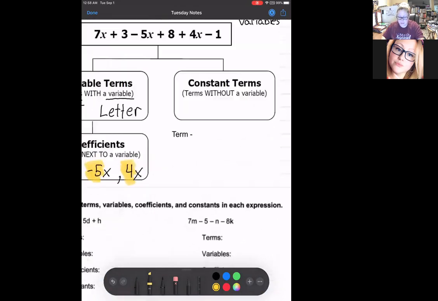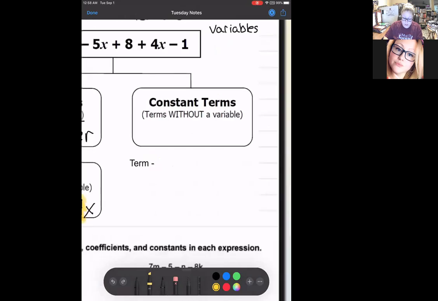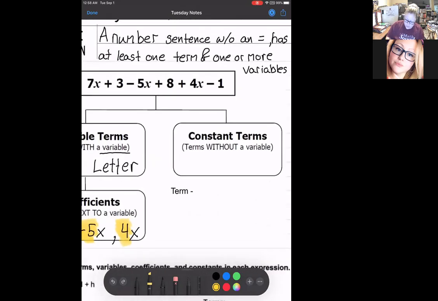The constant. Constants are numbers without variables. So if we look at this, we want to identify the numbers without variables, which are our constants. So our constants would be this positive 3, this positive 8. Oh, I don't like that. It's covering it up, so yucky. Guess I'll underline.